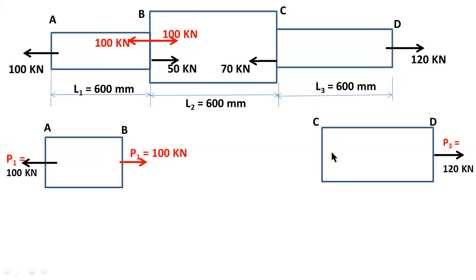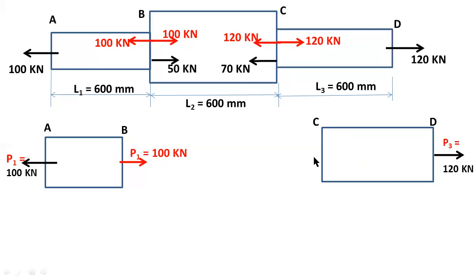Here also we need two equal and opposite loads, but at end C we have a 70 kilonewton load, and we need 120 kilonewtons at C. So I am adding two equal and opposite 120 kilonewton loads. These two loads act at a common point, so here also there is no change in deformation, and no change in stresses.